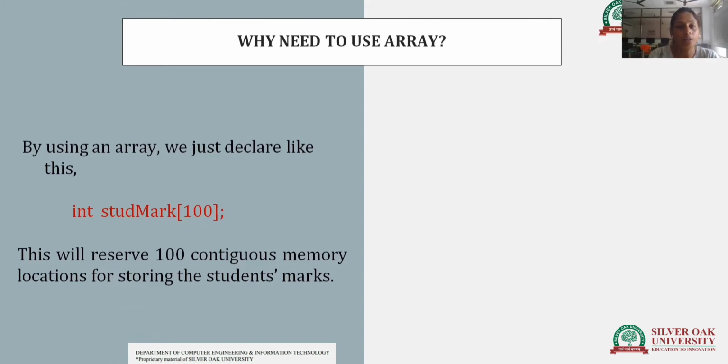Here one thing you need to remember: all array elements have the same data type. If one student's data is of integer type, then for all 100 students you have integer data type only. So the name remains fixed, the type remains fixed, and the size you can define as per your requirement.